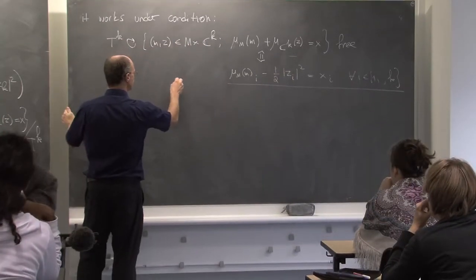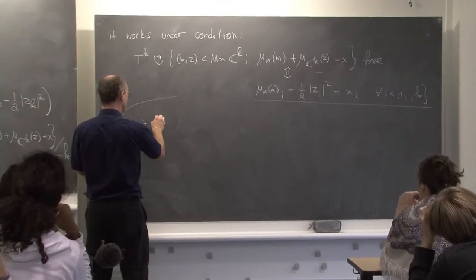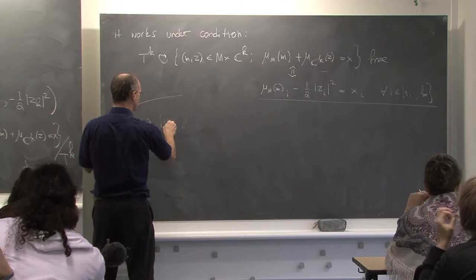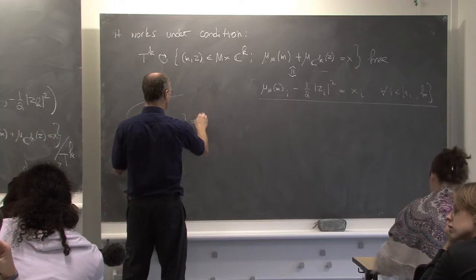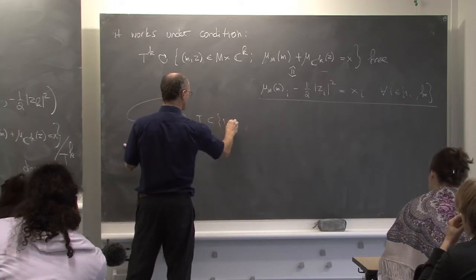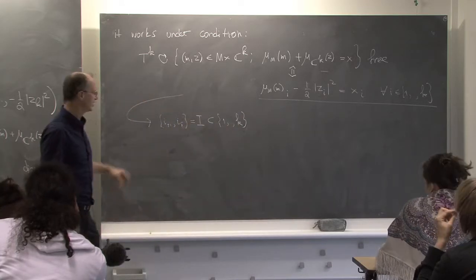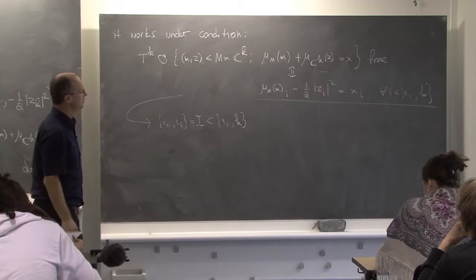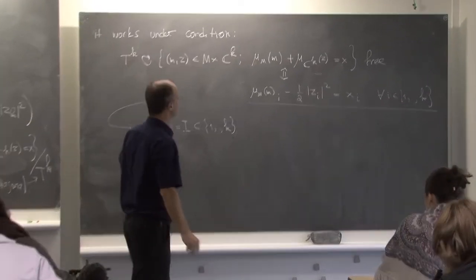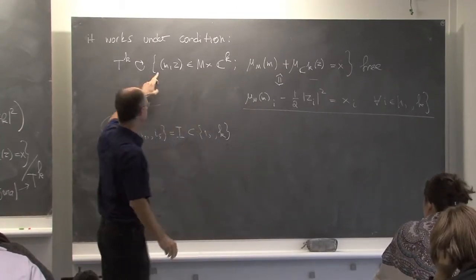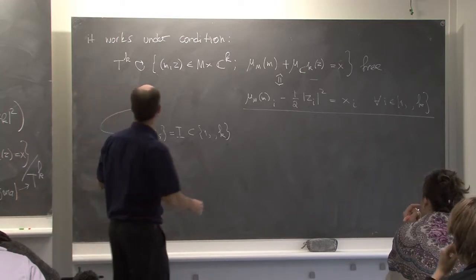So let's put it in the following way. Let me denote by I1, IS, let me call it I inside 1K, some subset of the set 1K. So we have such a multi-index. And so let's consider, this level set will be a disjoint union of the following subsets.